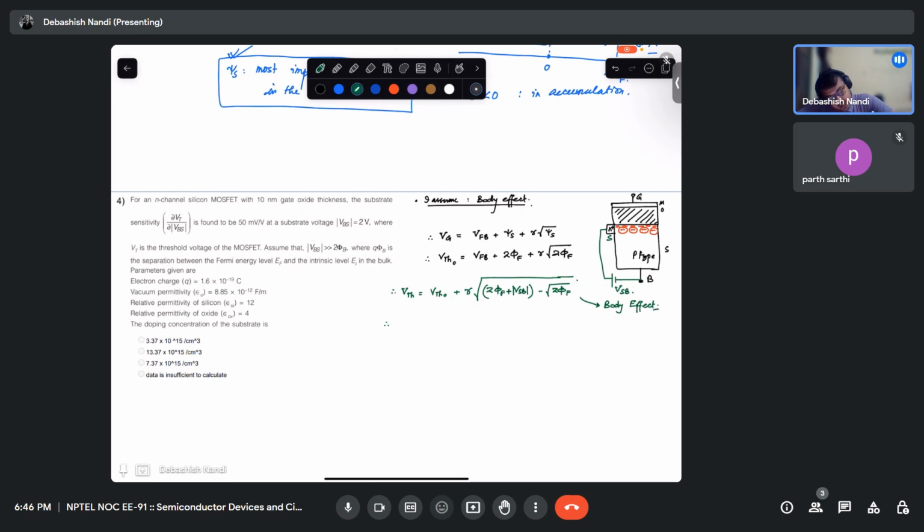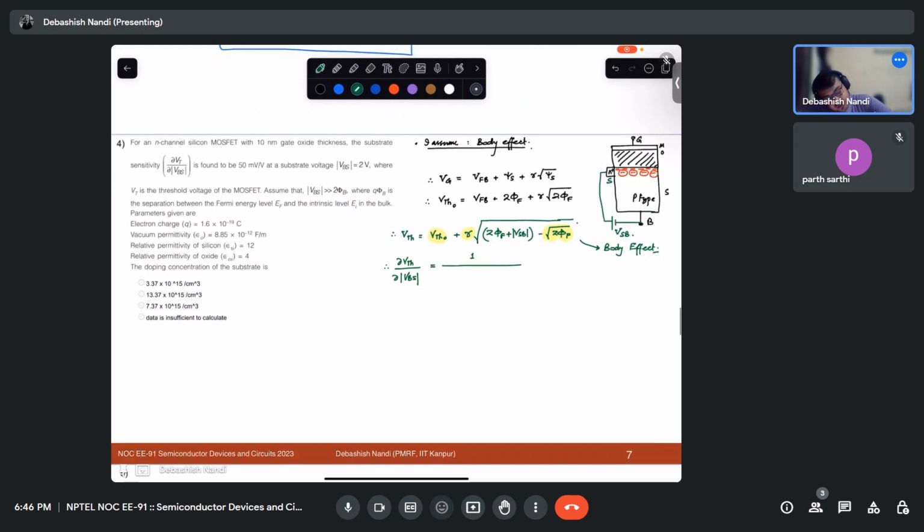Okay. So now if you do dVTH over d mod VBS, what will you find? You will find that gamma will remain, and 2 root over 2 phi f plus mod VSB, since the other terms are constant.